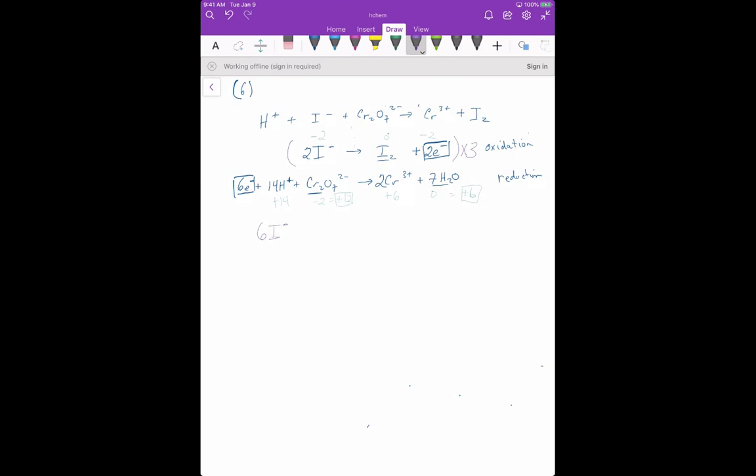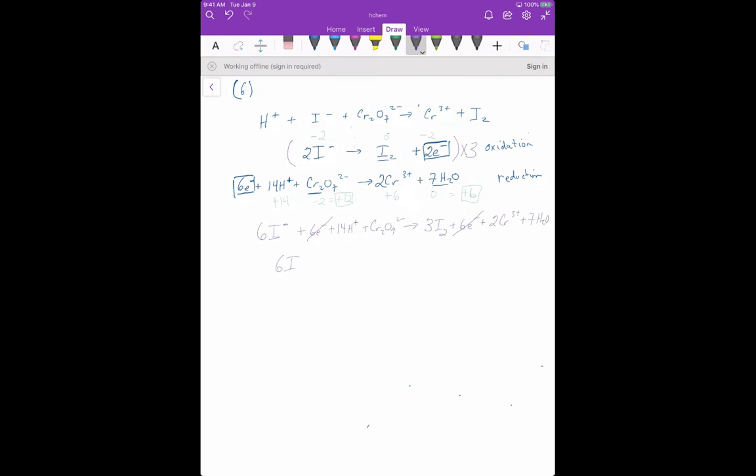All right, and then in the bottom reduction process, plus 6 electrons, 14 H plus dichromate. And then we're going to 3 I2s and 6 electrons and 2 chromium 3 pluses and 7 H2Os. We can cancel our 6 electrons.